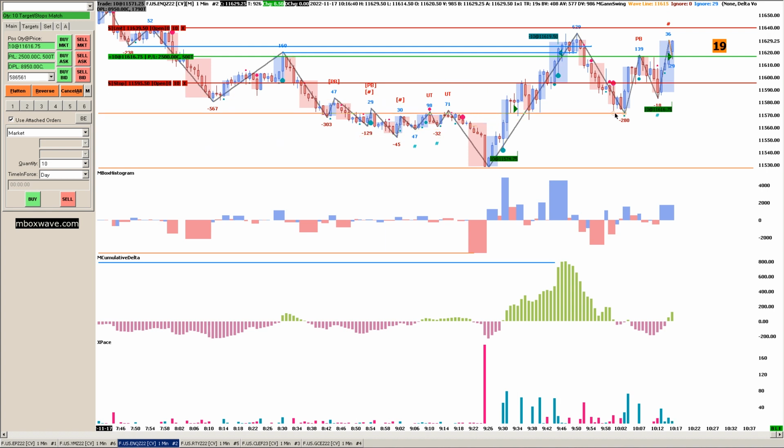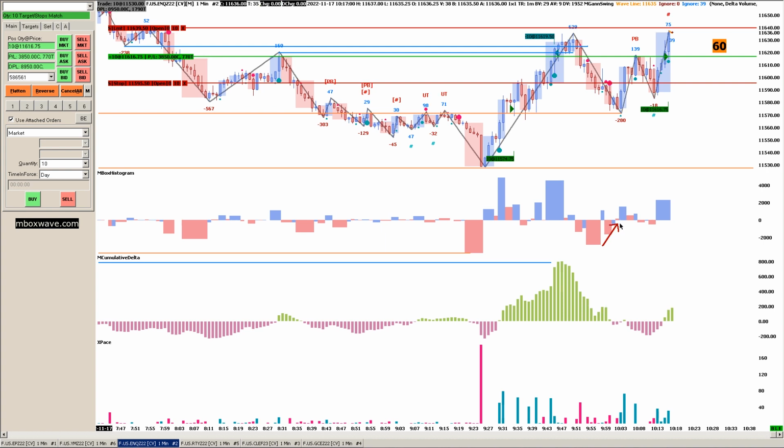What do we see here? It stopped at this congestion zone. Remember all this selling pressure to sell? And bam, it got stopped here. So this acted as support, reversed at the 280. Here, I see a contraction of selling.